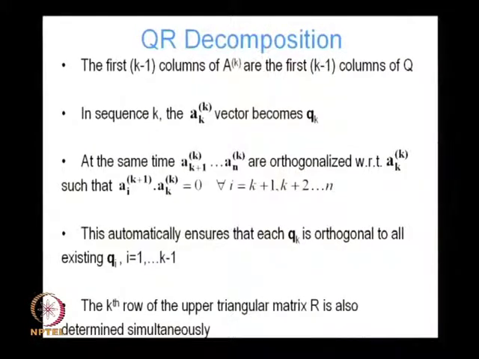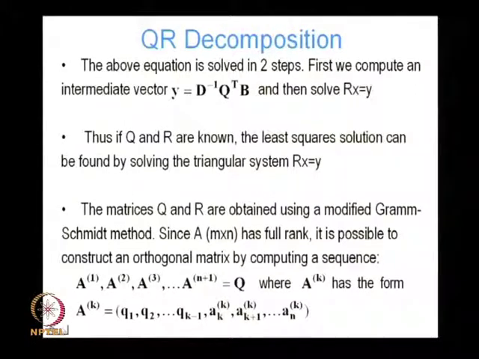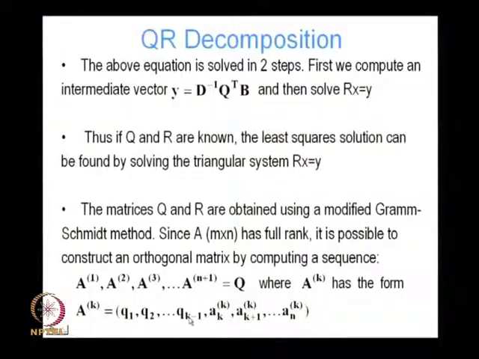So, if we look at this, we are assuming that we have done up to k minus 1. So, we have formed the k minus 1 columns of Q, and then we are trying to form the kth column of Q. So, how are we going to do that?